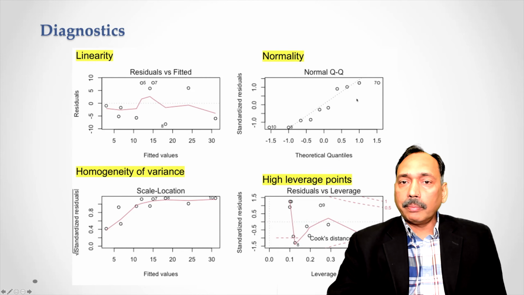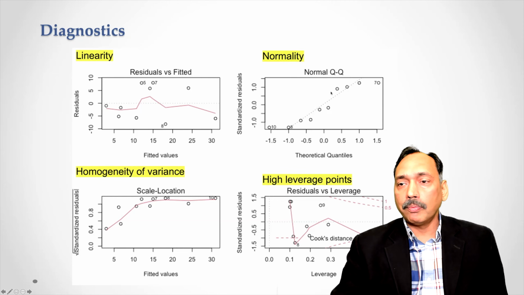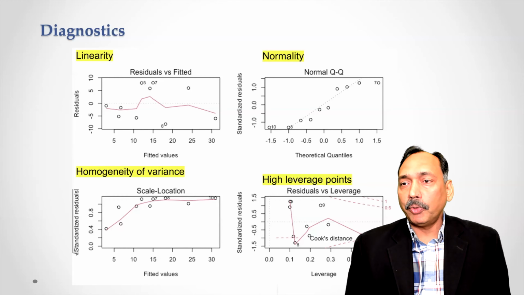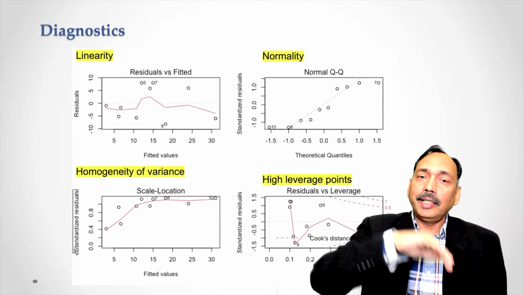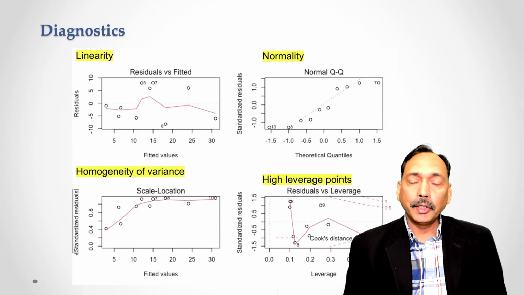Another thing is normality. Normality of standardized residuals. When you plot it on a QQ plot, so this is a special plot used for verifying normality, especially when you have a small data set, because you have only 10 data points and it's not possible to create a histogram and see a nice inverted bell-shaped curve with 10 data points.